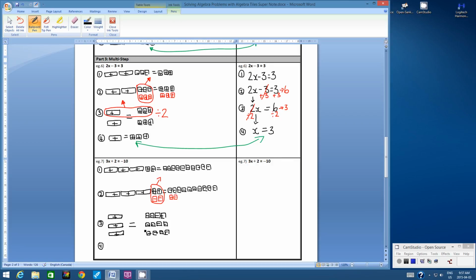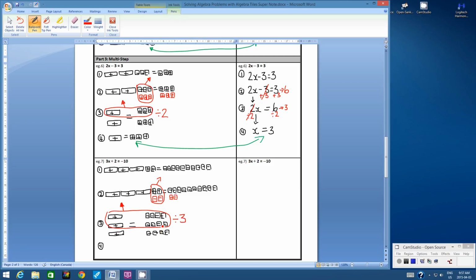Okay, so we still have the 12 negative tiles on the right-hand side, and we still have the 3 x's on the left-hand side. Okay, so we want to circle all of the groups except for one, because we want to have one group remaining. And it's not a zero model, but we're showing that through division, it's being taken away. What are we dividing by? We're dividing by 3.